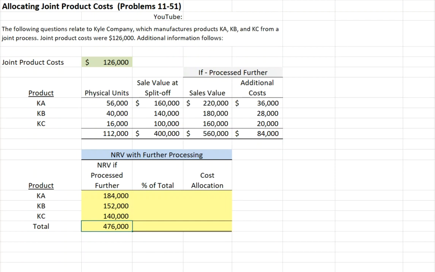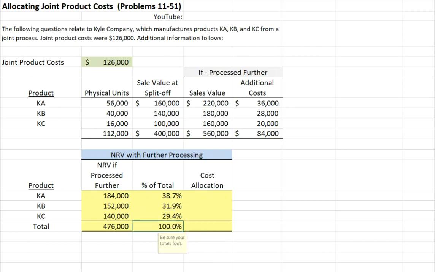On a percentage basis, Ka represents 38.7% of that total net realizable value, which is the 184 divided by 476. Product Kb represents 31.9% of that final net realizable value, and product Kc, the 140 divided by 476, represents 29.4% of our final net realizable value.